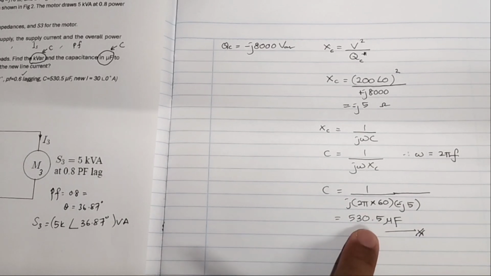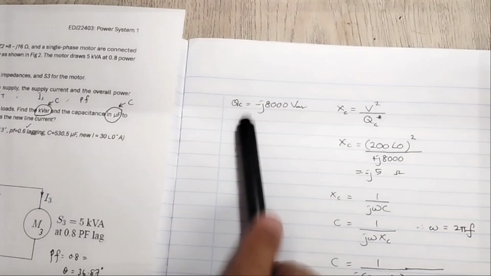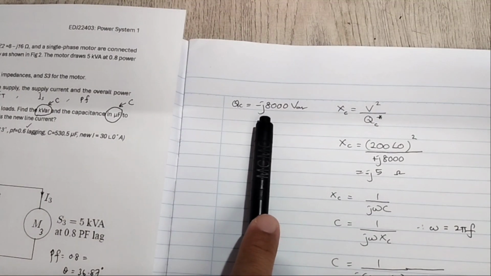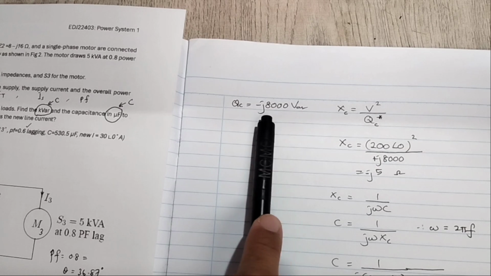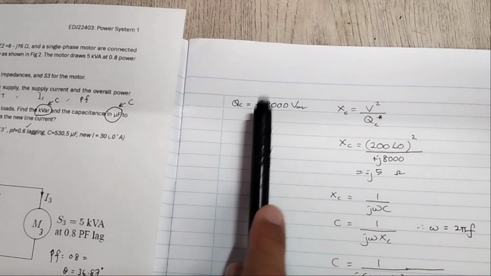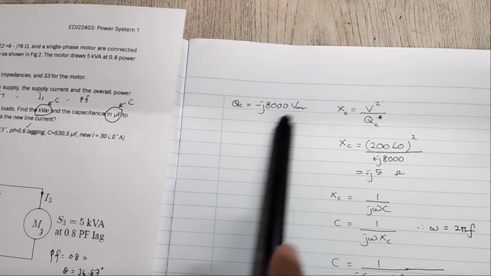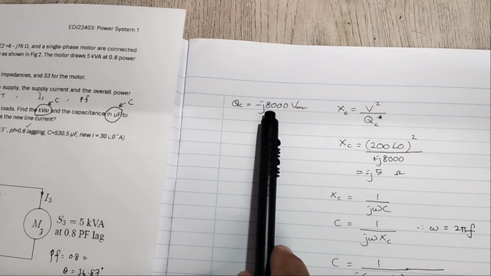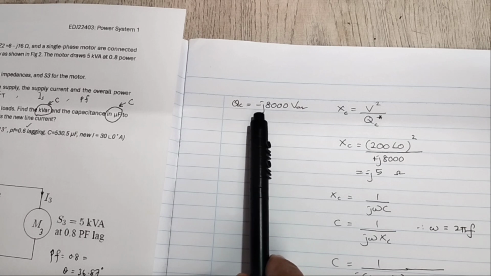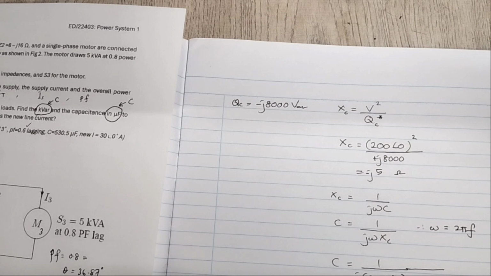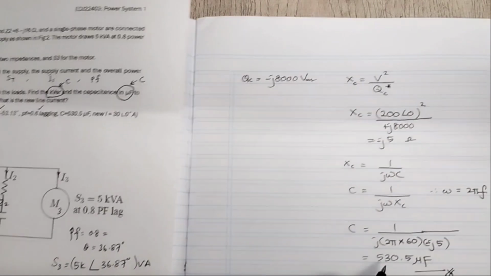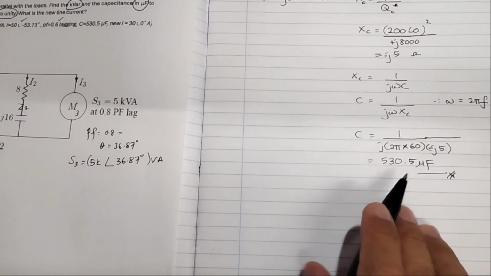Nilai C ni akan menyebabkan QC bernilai minus 8,000. Okay. QC ni akan cancel out. Q total tadi become Q new is equal to 0. When Q new is equal to 0. Okay, sebenarnya saya ulang balik. Okay.